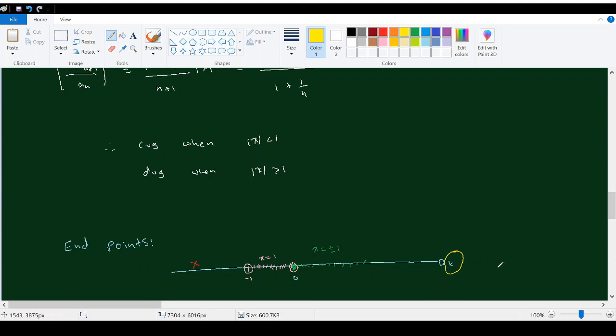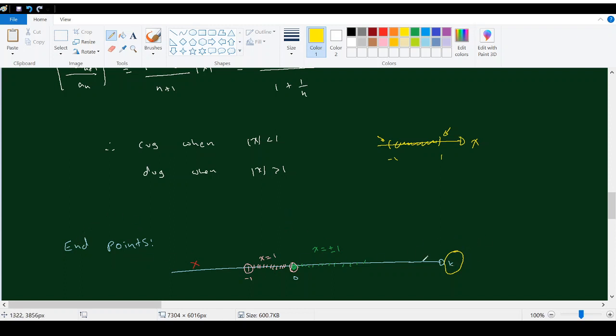Now this diagram does not represent the value of x, okay, because we already know that the series will only converge within this region of x, right? But we still don't know what will happen at the endpoints. The convergence at the endpoints will depend on k.